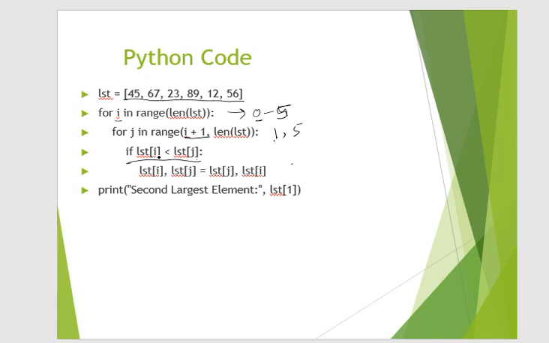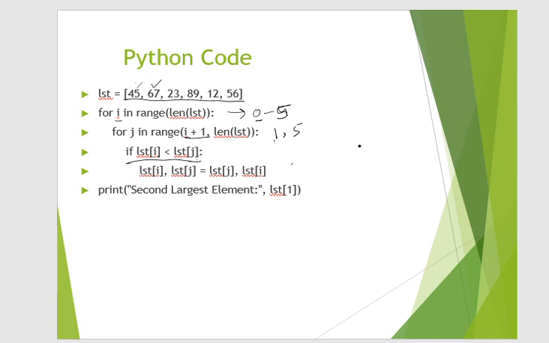Now how? We are comparing the first element, the initial value of i is 0 and the value of j is 1. So we are comparing 45 and 67. 45 is less than 67. Condition is true. So when this condition is true, we are assigning the value which is at index j to index i and which is at index i to j.